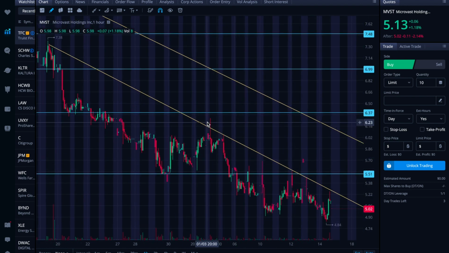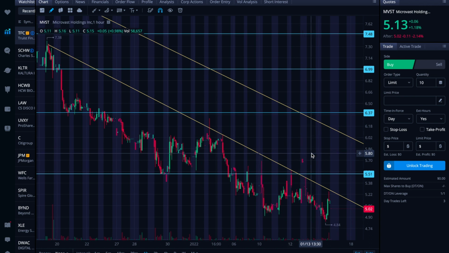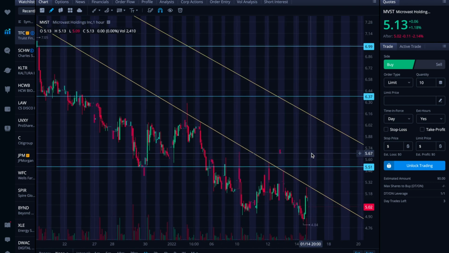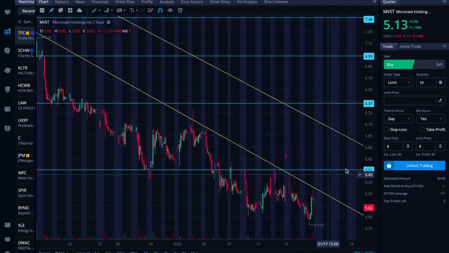And you see it's tried to nudge itself out a couple of times, but it hasn't made any real strong progress outside of this range. And so to me, any breach of that could be a sign that maybe it's going to try to flip this 550, and then it's very quickly going to come in contact with this downtrend resistance and see if it can make any movement from that level or not.